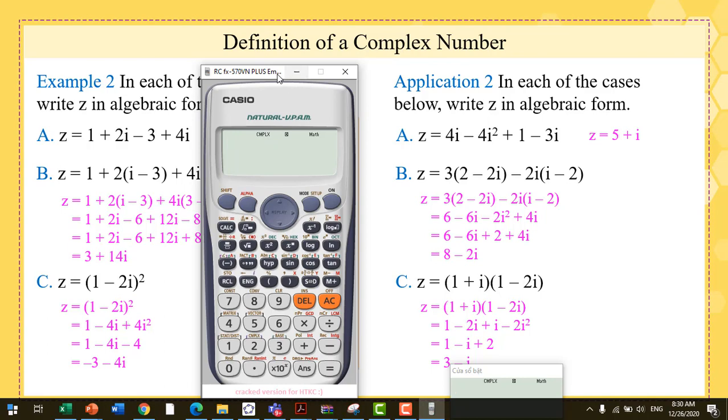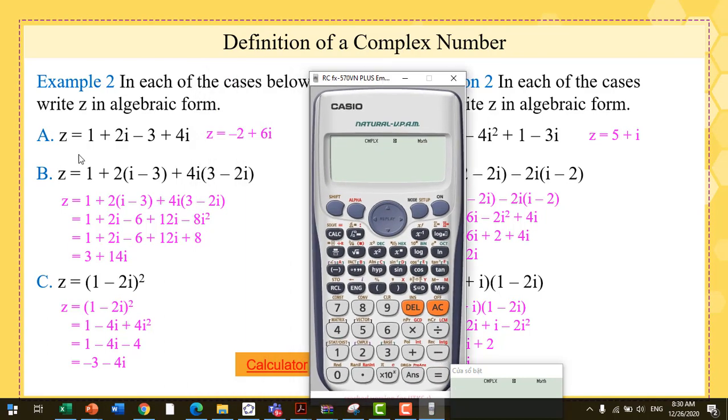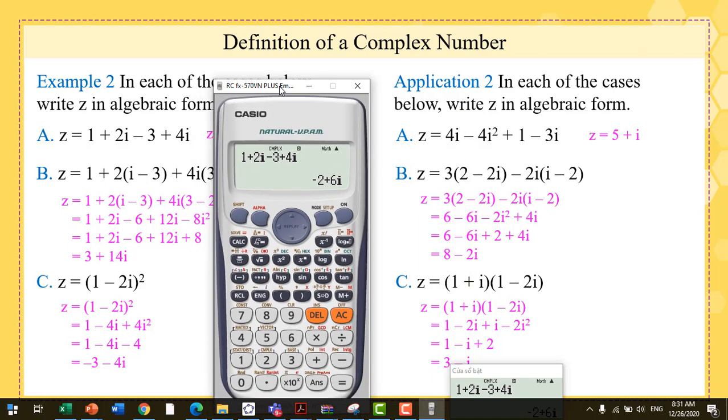Let's say I want to simplify the first part, which is here, part A. We write 1 plus 2i, this is i as you see, minus 3 plus 4i with an equal sign, and this is the answer, which is minus 2 plus 6i. That's it. Now, if I want to choose another example, let's say I want to do part C here in the application.